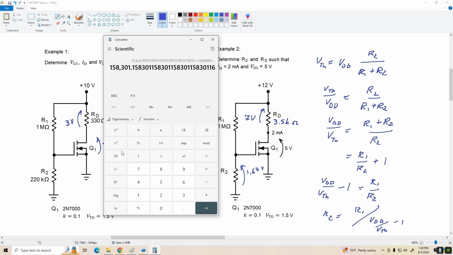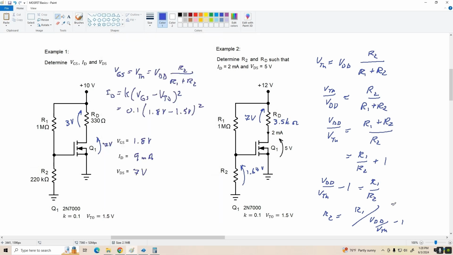And we get about 158.3 k ohms. All right, so 158.3 k ohms. That's not a standard value, so the closest standard value is about 150k.